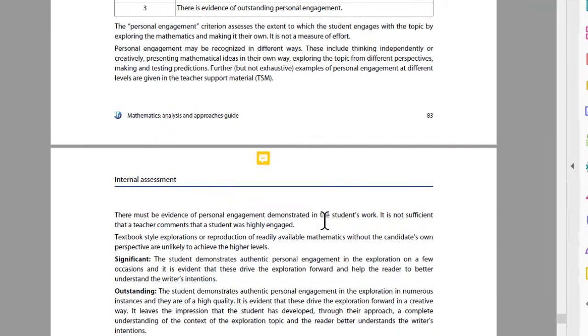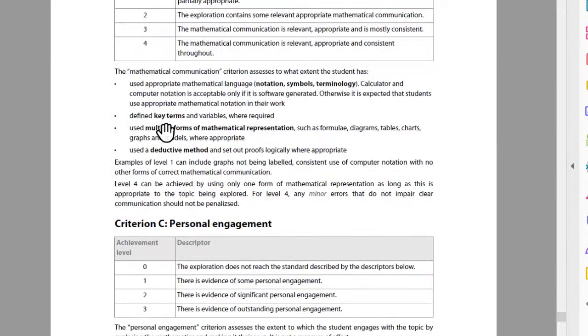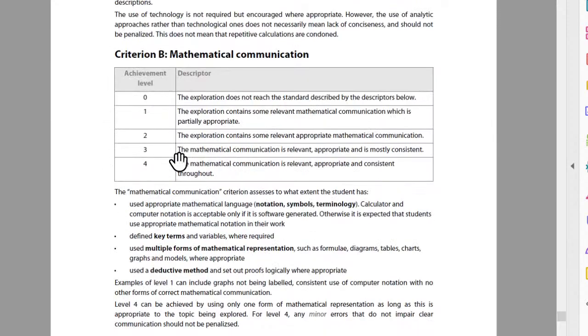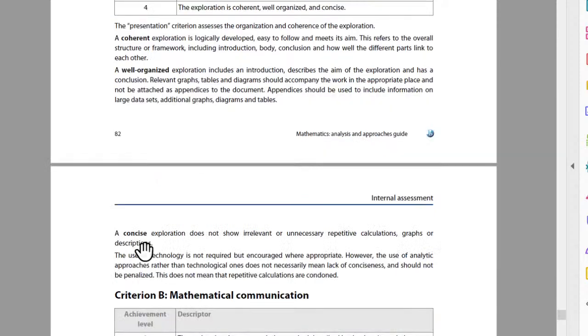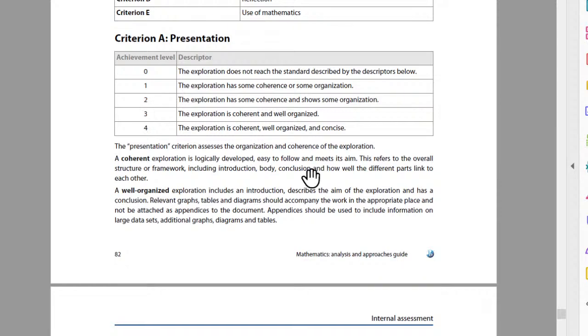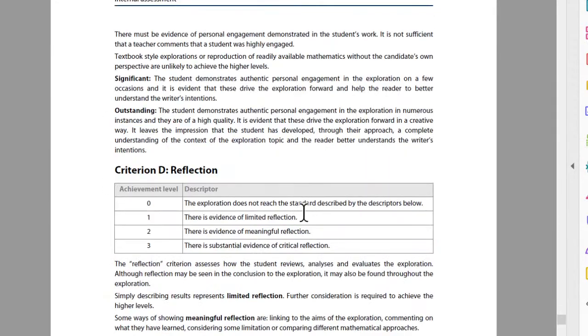It just doesn't feel like significant engagement. So it's probably between a 1 or 2. We'll call this 1.5. We'll call this 3.5. So that's 5. And then that's concise. So we're looking at 8 right now so far. Okay. Reflection.